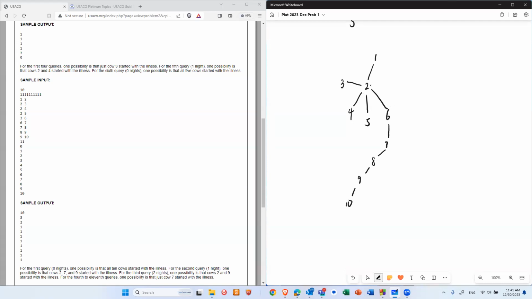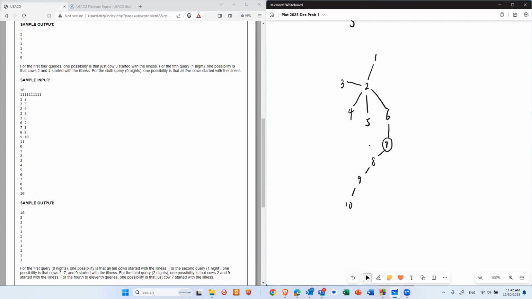Because those can be achieved in 1, 2, so the initial cow is here, right? First night, second night, right? So we want to do 3 nights. If I pick this one, first night, second night, third night. First night, second night, third night. So I only need 1. I can achieve that.